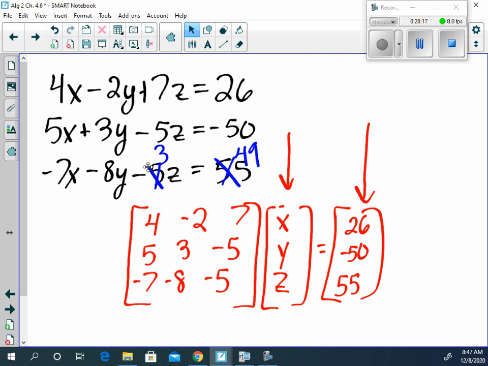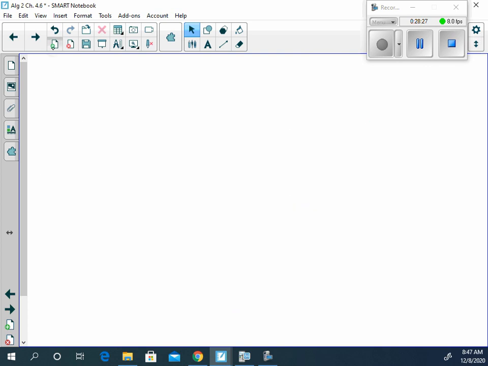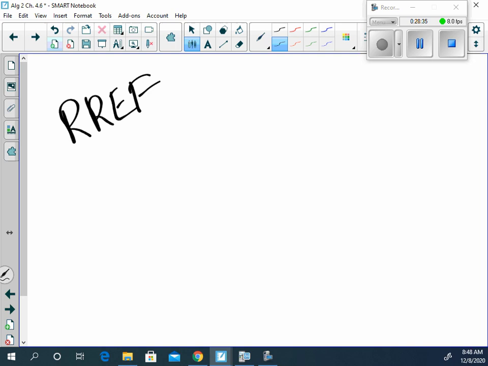Now, on this homework assignment, we wouldn't get any all real solutions. And if we're dealing with all real solutions, it's going to be easier to use our RREF, our reduced row echelon form.